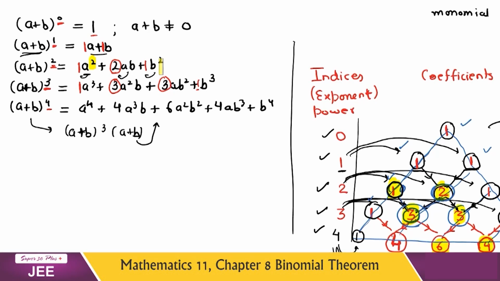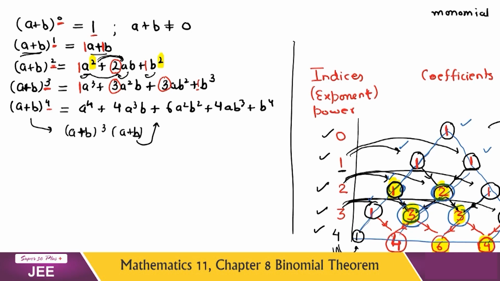And the highest power of the other variable is also equal to what? 2. And upon going from this step to this step, the variable's power is getting reduced. The power of a went from 2 to 1, and the power of b went from 0 to how much? 1. So the power of a is decreasing but the power of b is increasing.